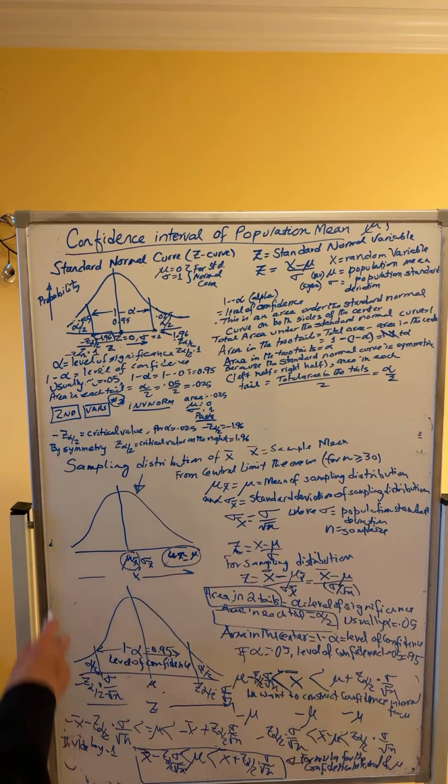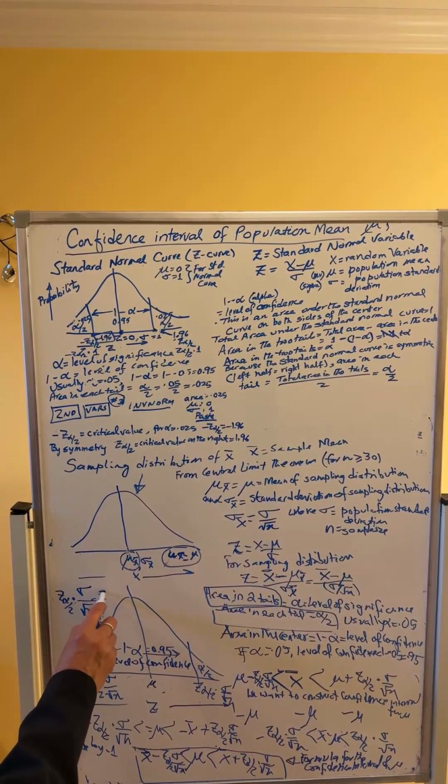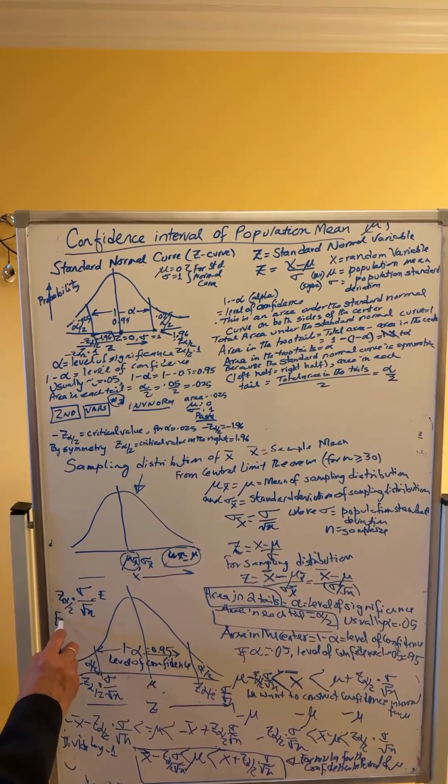The term z alpha by 2 times sigma divided by square root of n is called E, where E is the margin of error.